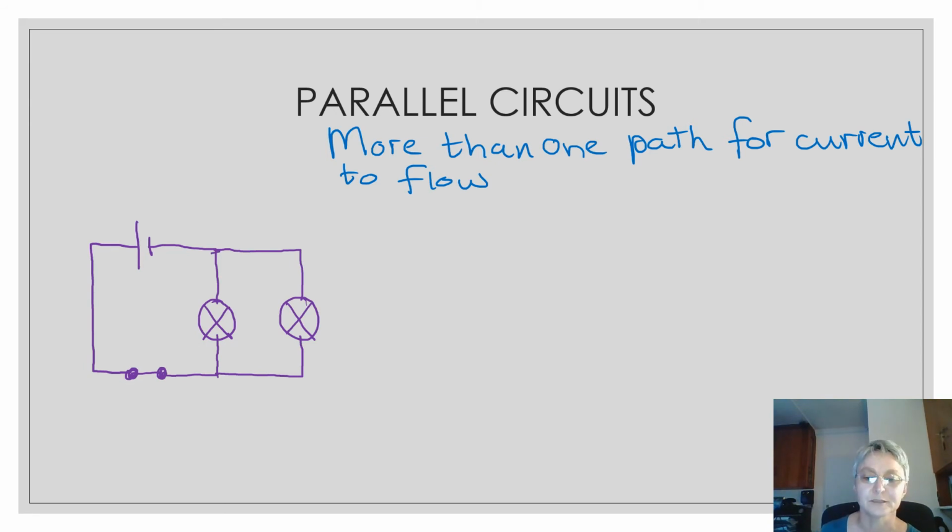What is the difference? Look, the current will come in the connecting wires from the battery. It will flow through the connecting wires. Here it goes through the switch, but when it gets to that point, the current can flow through this lamp and through this lamp.